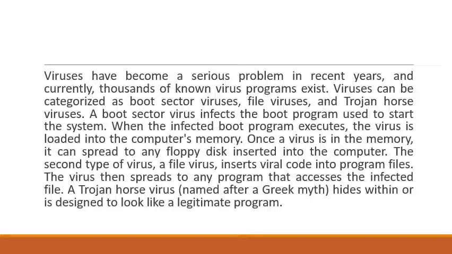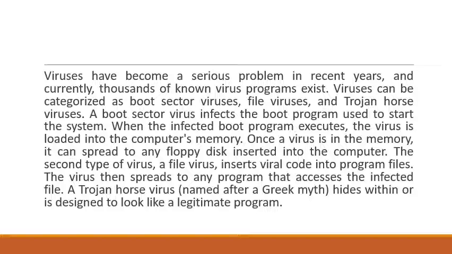According to this paragraph, we have three different categories, three different classifications of viruses. The first one is called boot sector viruses, the second one is called file viruses, and the third one is called the Trojan horse viruses. In this paragraph we have a different explanation for each one of them.